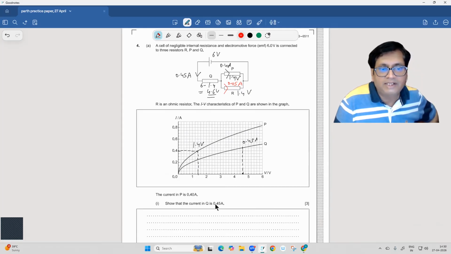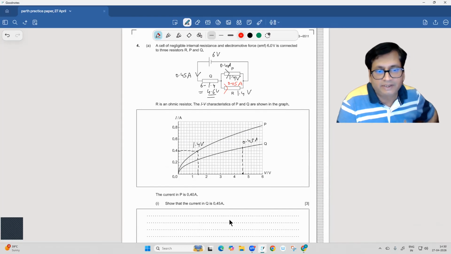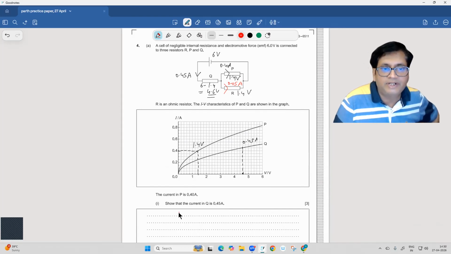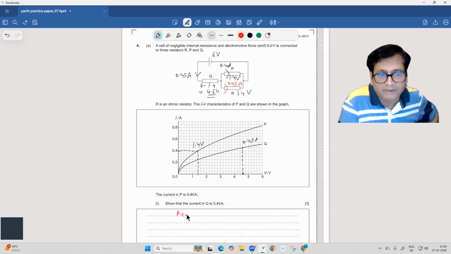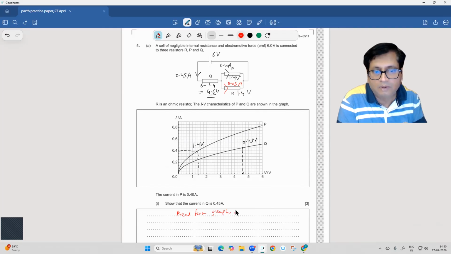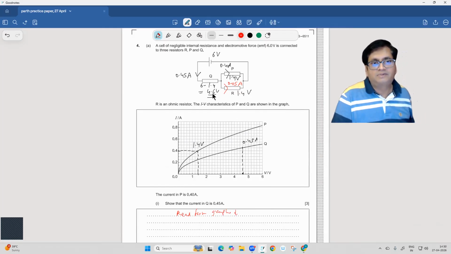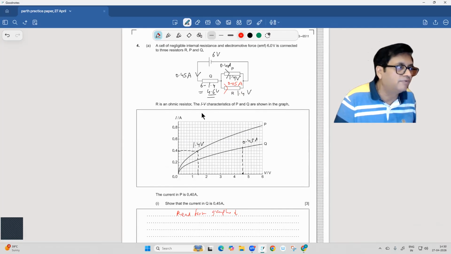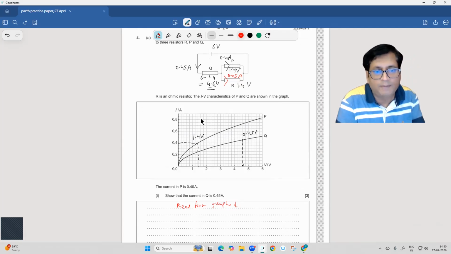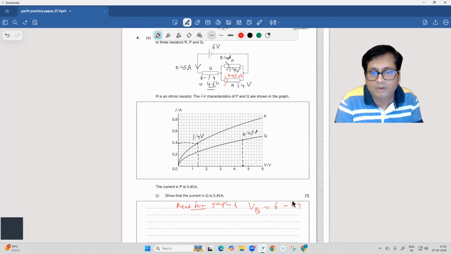Show that the current is 0.45, that we already seen, right? You can read from the graph of Q. But first you have to show that this is 4.6 volt, right? Only then you can show it, right? The way we did. तो आप कहोगे ऐसे कि V_Q is equal to 6 minus 1.4, which is like 4.6 volt.